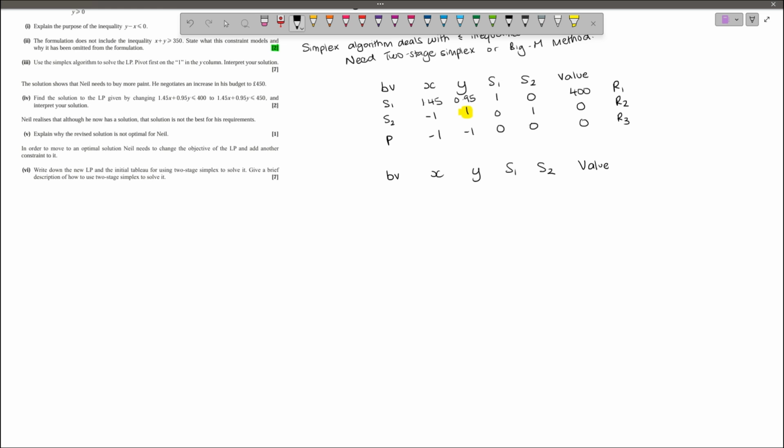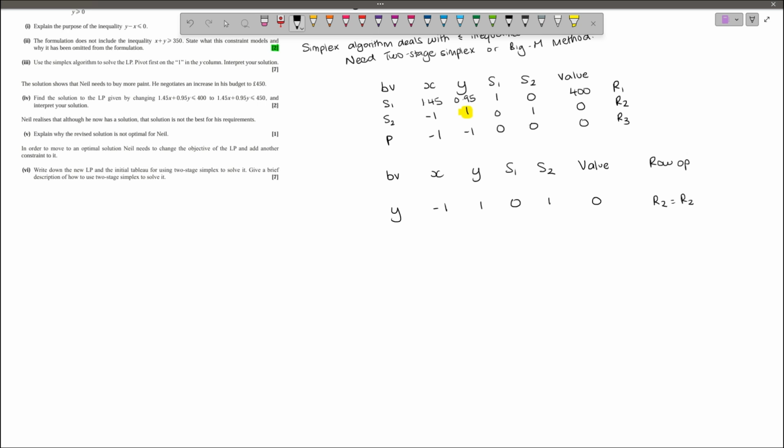I do need to change my basic variable. My S2 is now going to become y. I'm going to get y, negative 1, 1, 0, 1, and 0. And my row operation is that my new row 2 is equal to my old row 2.